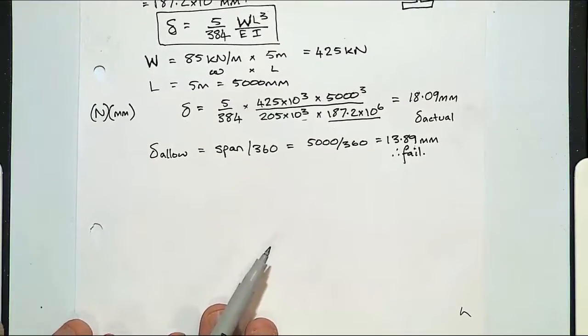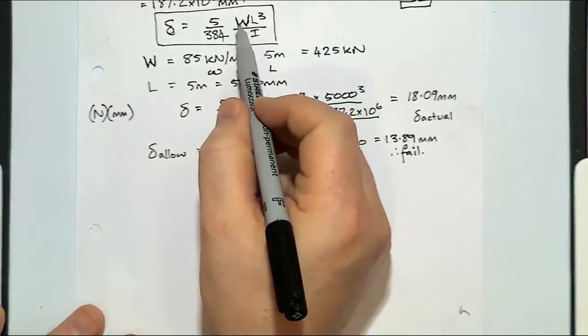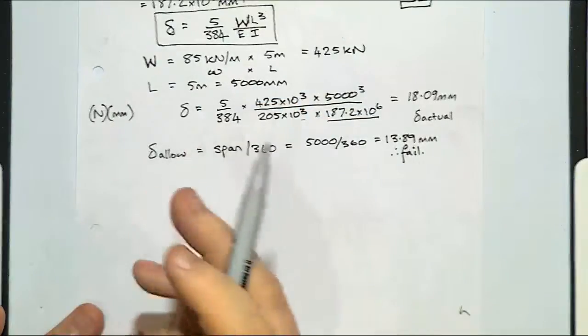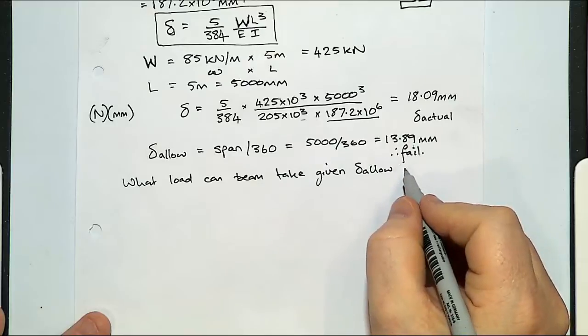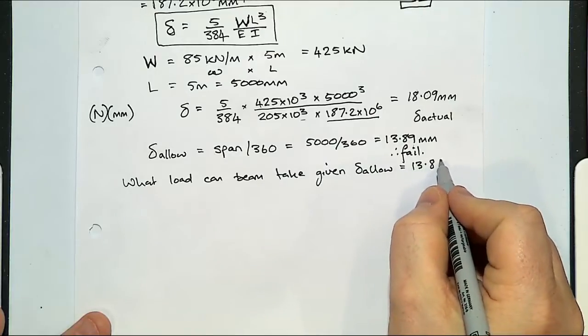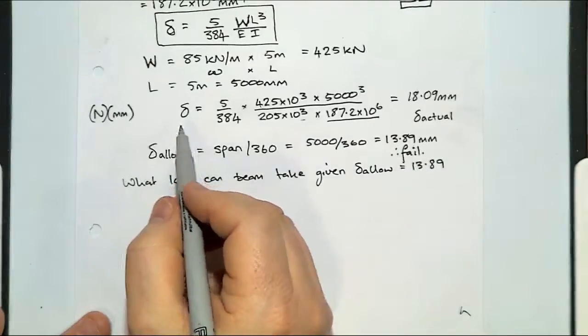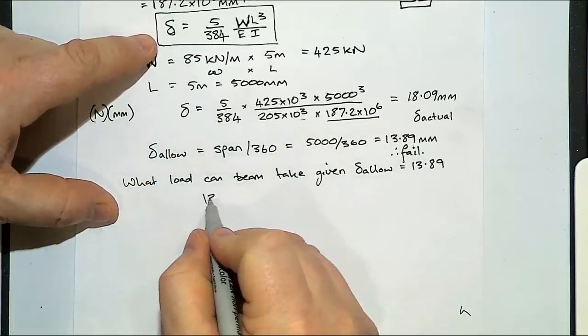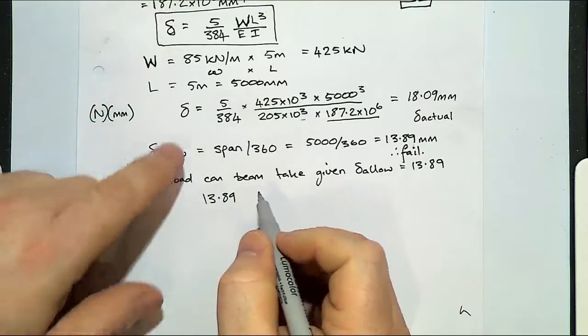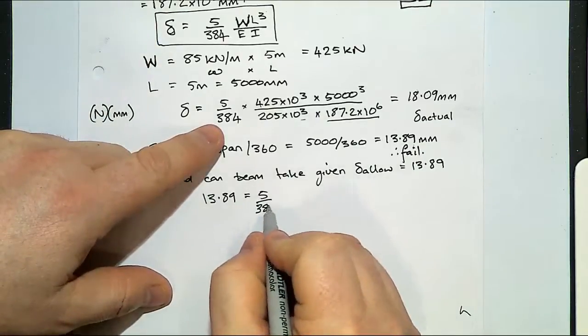If we took this formula here and we wanted to know what load this beam could take, given that the allowable deflection is 13.89, you just take your deflection formula, put 13.89 within there, and then put all of the other values in.